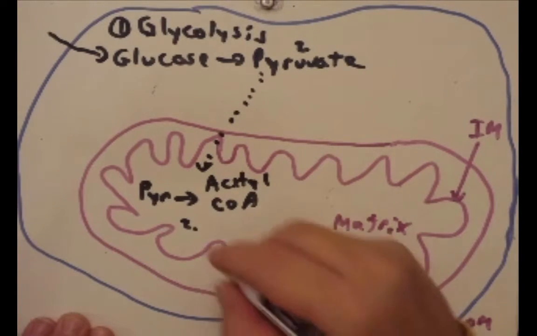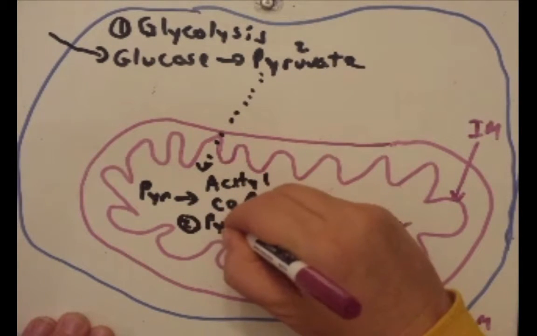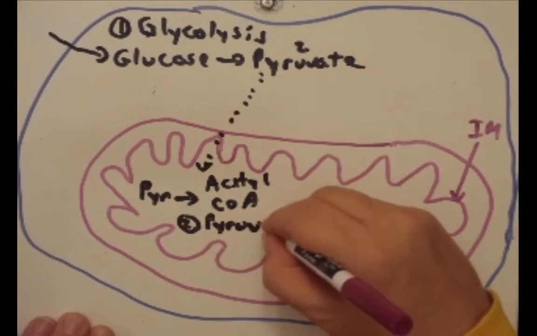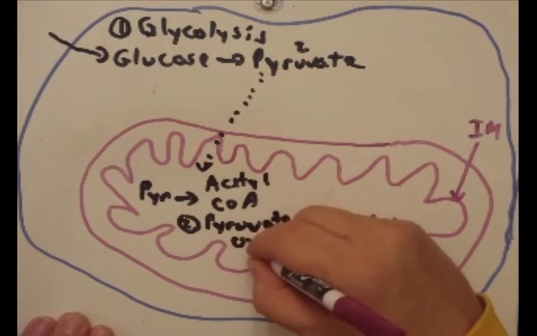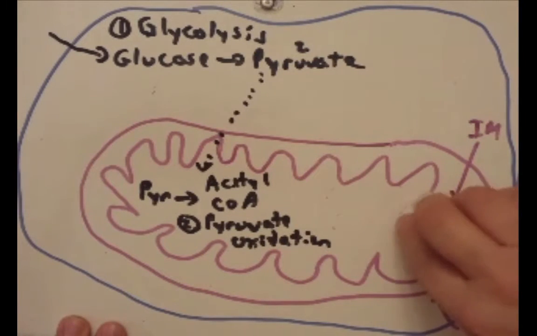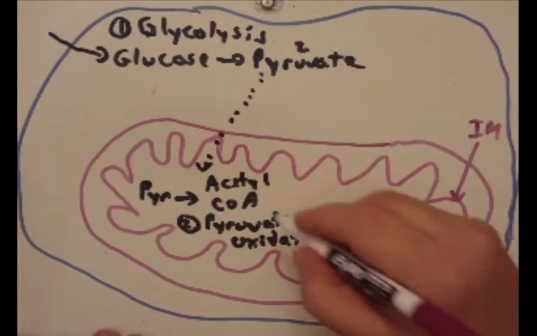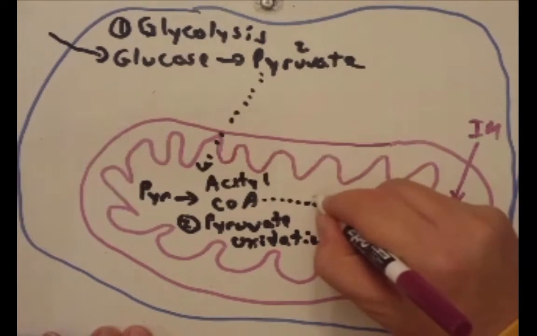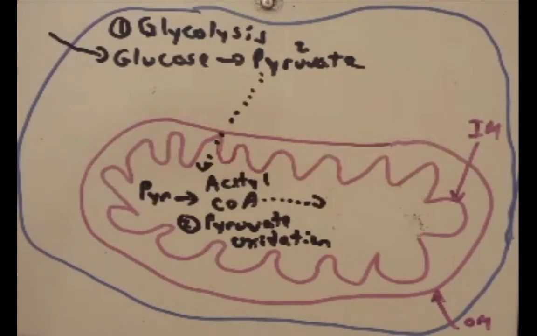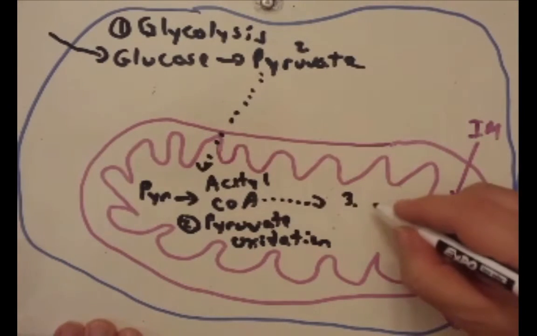And we call this pyruvate oxidation. I'm going to erase matrix because I need that space now. This acetyl coenzyme A now is taken into our third stage, which is called the citric acid cycle.